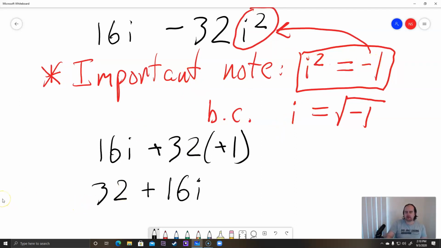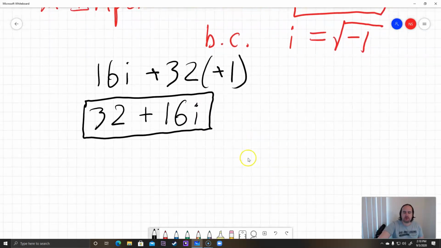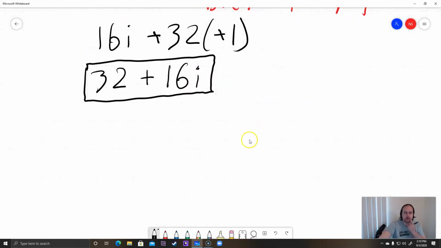Okay, so this is actually going to be our answer. 32 plus 16i. Okay. And so that was an example of multiplying using the distributive law.